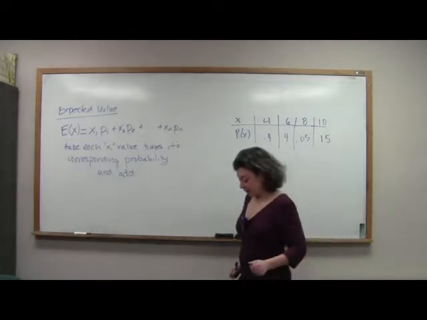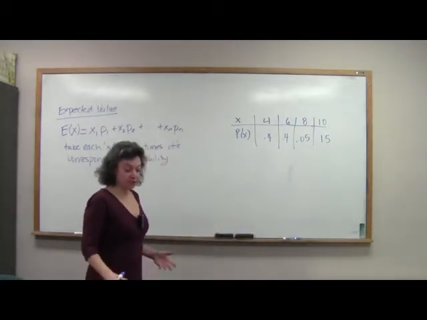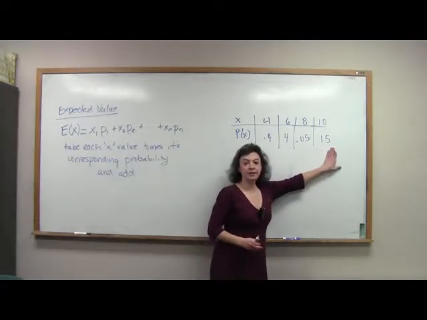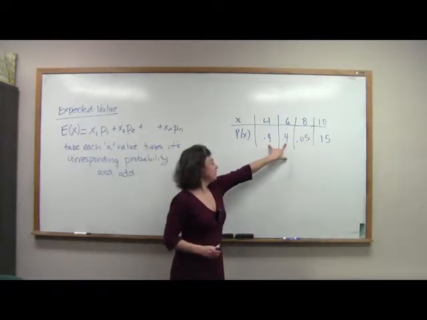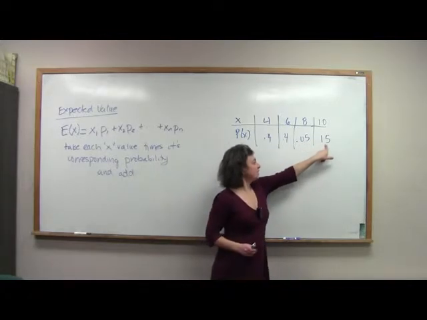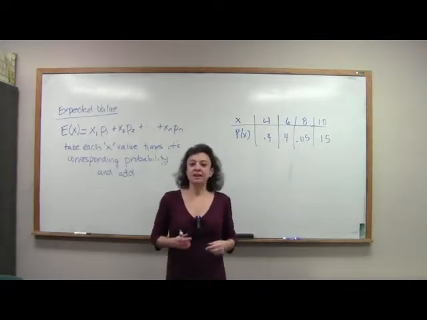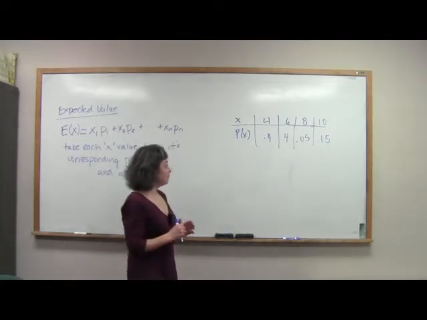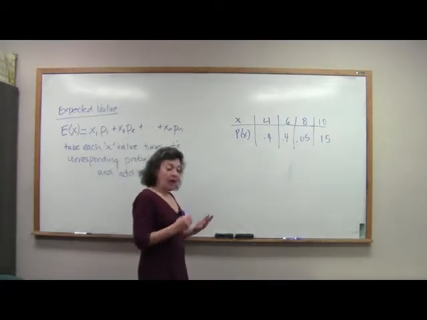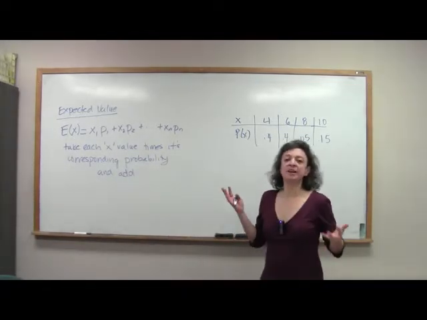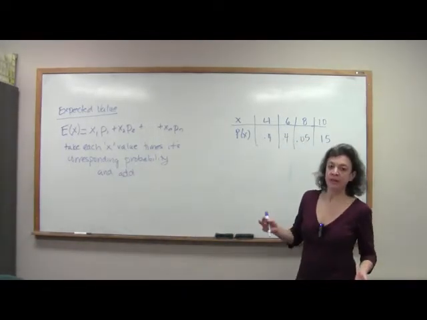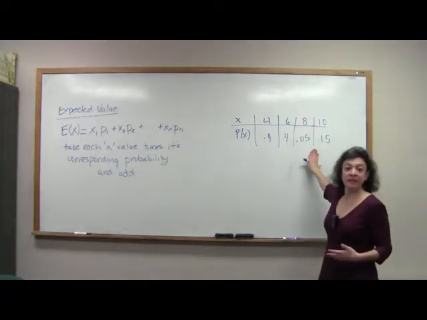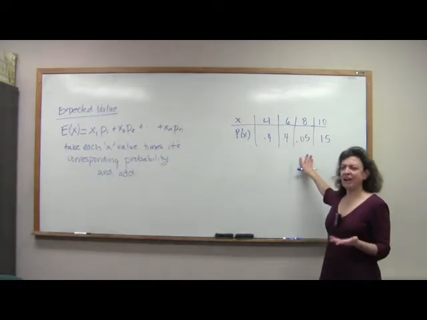Now, the first thing that I'm going to point out is that this is a totally legitimate probability distribution table, because notice, if you take your probabilities and add them, you get 0.8, 0.85, and 85 and 15 is 100 or 1. Okay? So here we have a probability distribution table, and what we want to know is what is our expected value.